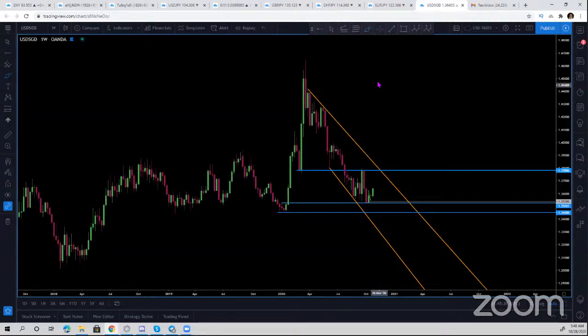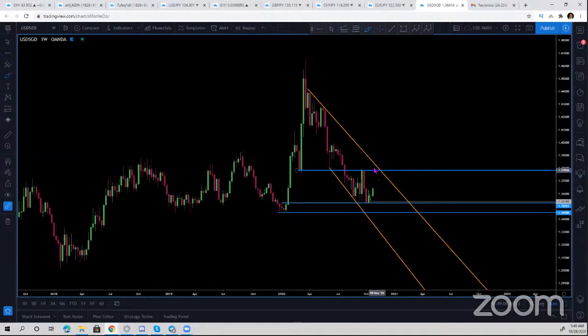We don't know what's going to happen if price gets here, but let's imagine that price does get here. The probability of a pullback also is pretty high, right? And just talking about trade management and how you take profits and how you manage your trades.